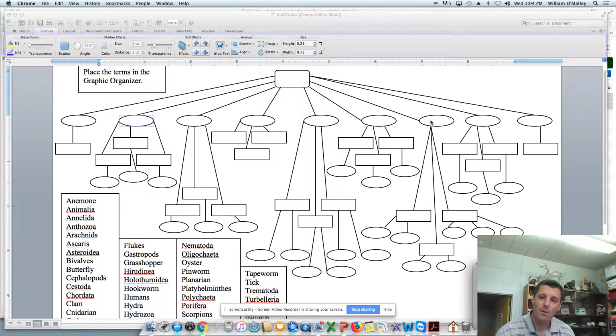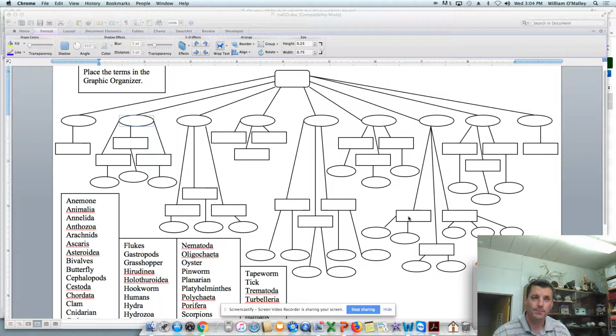What's the next phylum? Wait, what? Michelle, what goes in this oval? Okay, arthropods. So under arthropods, we have two of them that have two examples and one that has three examples. So it's going to make a difference where you put them. What's one of them that has two examples?